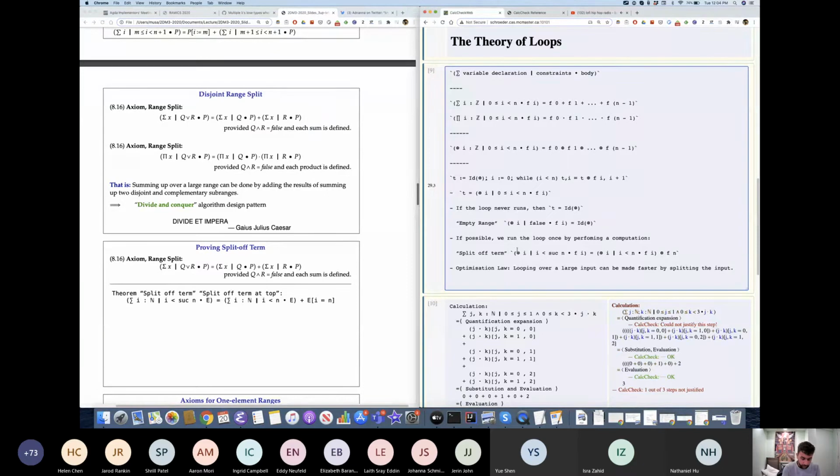So I'll just write that down as well. O plus over I such that Qi or Ri, of f of i, is equal to O plus over I with Qi of f of i, O plus O plus over I with Ri of f of i, provided Qi and Ri are disjoint.